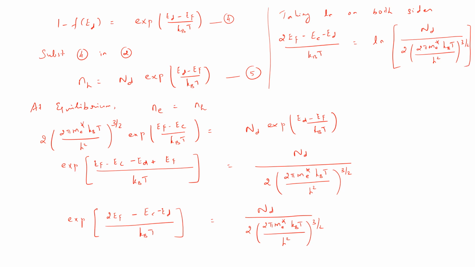So I will have to now retain EF. For that I will split this term and write as 2EF by KBT minus of (EC plus ED) by KBT, of course with a bracket, is equal to ln of the same term. I will continue in the next slide now.